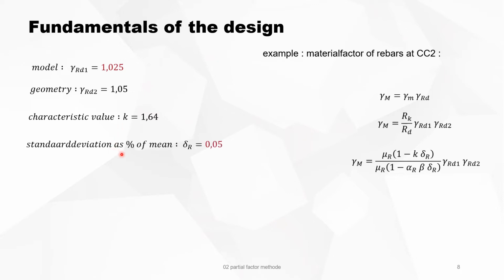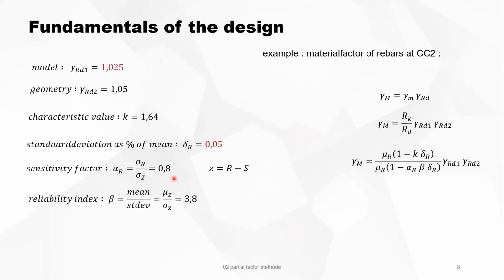The standard deviation as a percentage of the mean, we can see by test that this is only 0.05. The sensitivity factor is the same, 0.8, and the reliability index is also the same as with concrete, 3.8. So if we do the math, we can round it off to 1.15, which is the partial safety factor for steel.